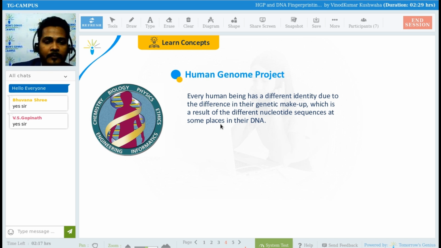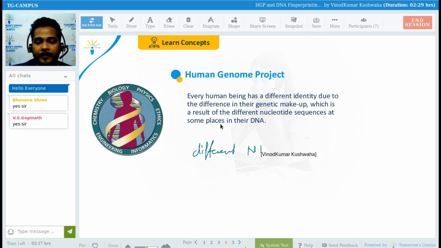So basically the differences are the result of different nucleotide sequences at the same place in their DNA, which means the genetic makeup is nothing but the different nucleotide sequence in the DNA. Your sequence is totally different than mine, and that's why you are different than me.